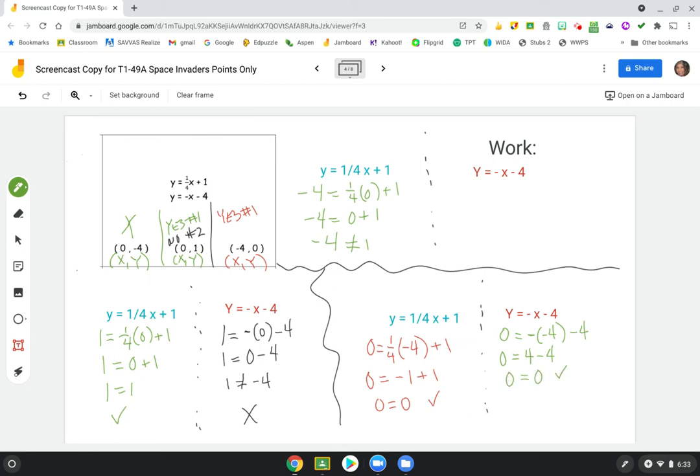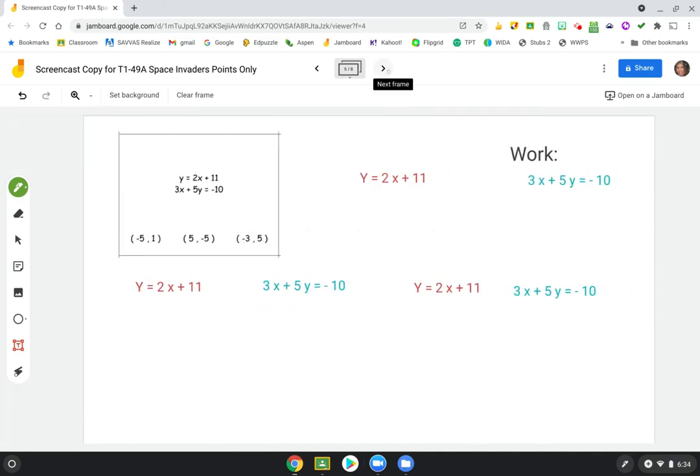Since 0 equals 0, that means that yes, this point is also on line 2. So since this point, (-4, 0), makes both of those equations true, that means that the solution to the system is the point (-4, 0).